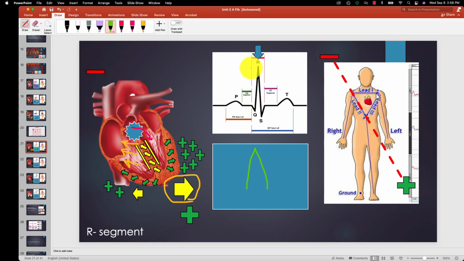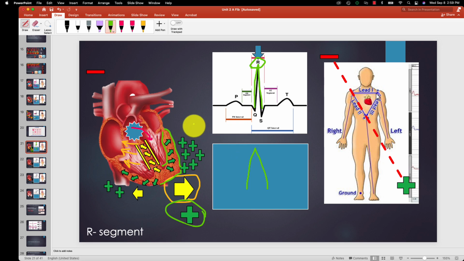So the R wave is representative of the myocardium being stimulated to contract by the Purkinje fibers, and blood being ejected outward. And that's why this one is so massive, because it's such a big, forceful contraction, and there's so much positive movement here, and it's kind of heading down towards this electrode, right? So we know when positive heads towards positive, we have a deflection up.